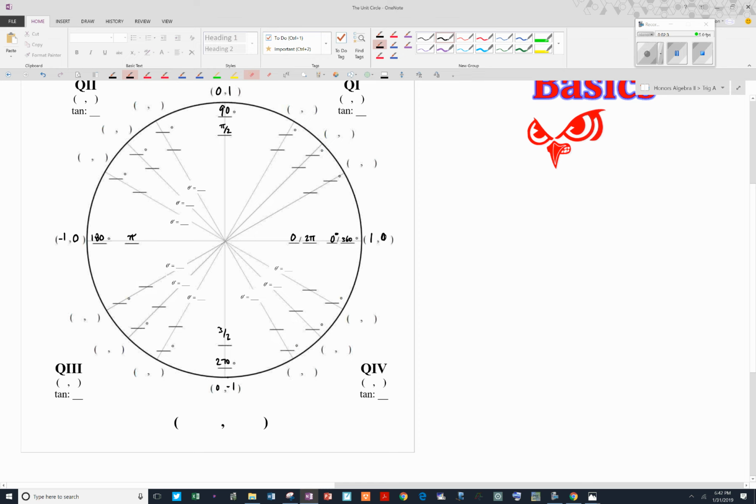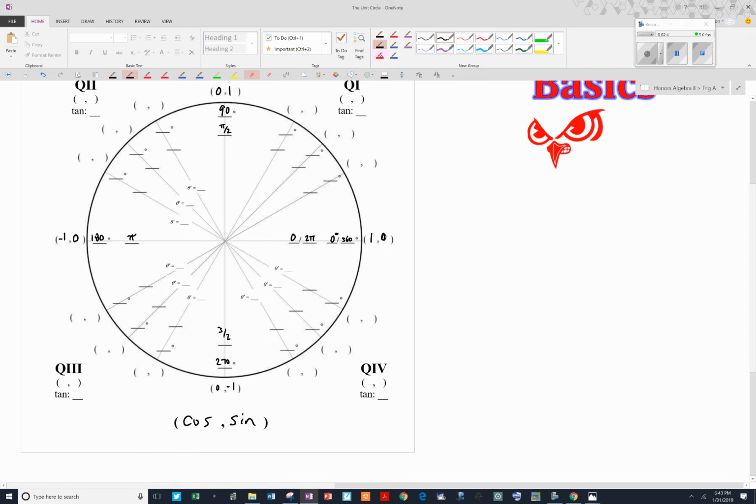So why are we so worried about these points? Well, all the points going around the unit circle, starting with these 4 that we just put there, actually give the cosine and sine values of that angle.